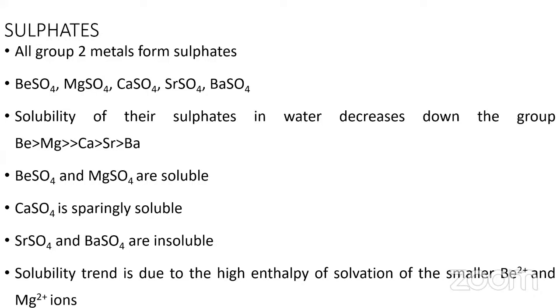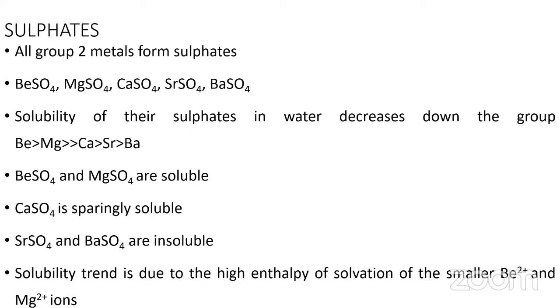As we go down, your calcium, your strontium, and your barium will be insoluble in water. So the solubility has to do with the smaller ions of your beryllium and your magnesium. So we say that the solubility is due to the high enthalpy of solvation of the small beryllium and magnesium ions. So it's easy for them to actually go into solution than your calcium, strontium, and your barium.